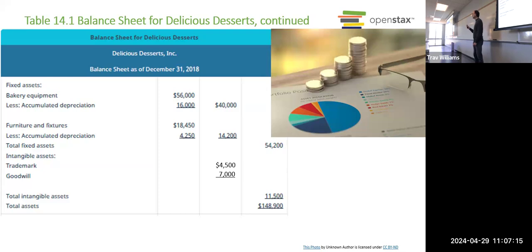Now, if you notice here, again, the math is not that hard in accounting, it's the concepts. So this total assets includes these intangible assets, and it includes the fixed assets. But if you just in your mind, you add these together, they do not equal this number. So what's missing? How did they get to that total?